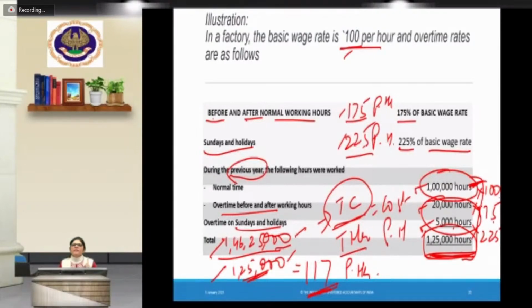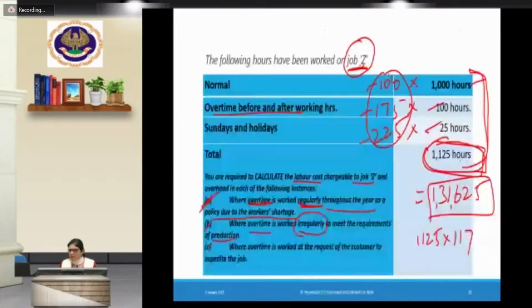I'm repeating. In the first case, the total cost was the normal cost and the total cost was charged to the production cost of that department. In the second case, only the normal hours will be charged to the production cost of that department, and the overtime, since it is irregular, will be charged to the overhead cost of that department.